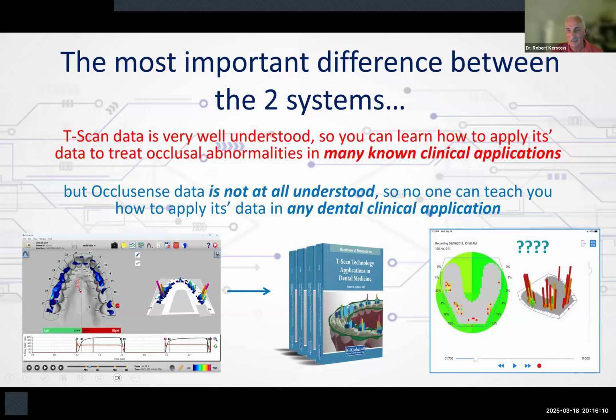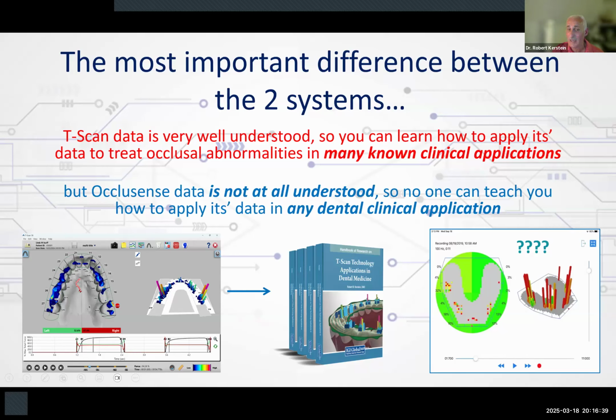Whereas OccluSense data is not understood at all. It's not T-scan. This is not T-scan data. And why some of these red columns are this tall and some are only this tall and this orange one is as tall as this red one, someone has to figure that out, what all that means. But as of now, no one knows what that means. It has not been through rigorous testing and protocols haven't been developed, which means you can't use it with any known accuracy in any dental clinical application. And that's actually a real issue.